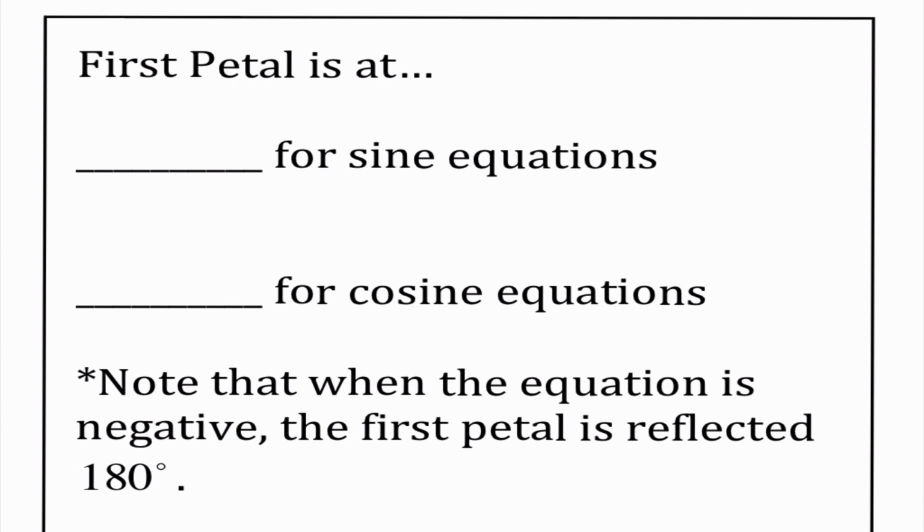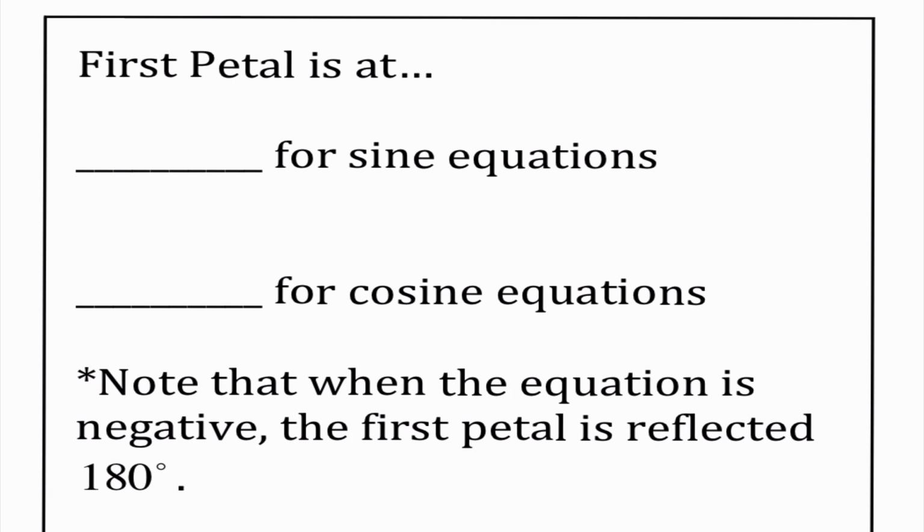The first thing I want to cover is how we find the first petal. A rose looks like a flower with all these petals, and we can spend all the time we want figuring out ordered pairs, but it's much quicker if we have some shortcuts.